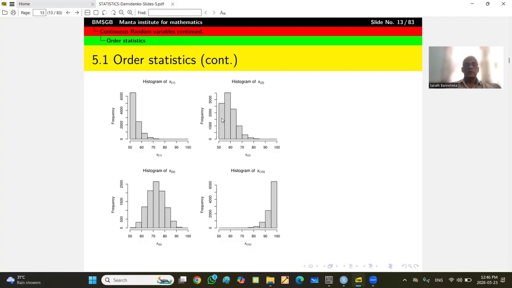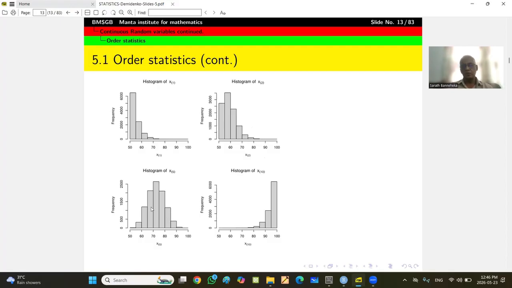The likelihood of the second order statistic being in this interval will be less than the likelihood of it being in this interval here. After that, the likelihood, or the probability or frequency, keeps coming down. So very rarely will the second order statistic be greater than 85 or so.